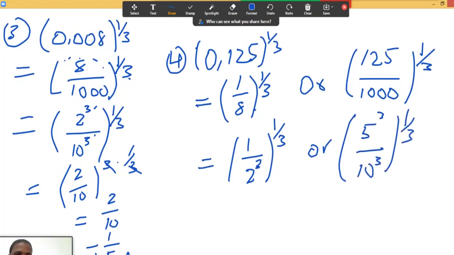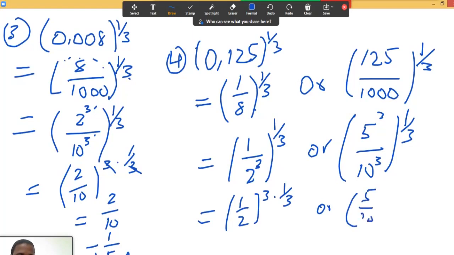So we can say here we have 1 over 2 to the power 3 times 1 over 3, or we can say we have 5 over 10 to the power 3 times 1 over 3.